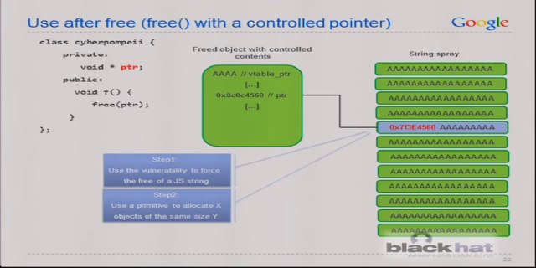Hopefully in this case he's not going to use strings, because a string is just a string, it is not an object. He's going to request memory by allocating objects, executing some functionality that will allocate objects. And by allocating an object, the first thing that is going to happen is that they're going to place the vtable pointer over there.